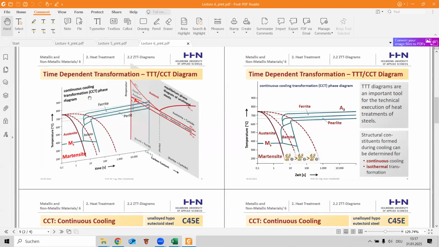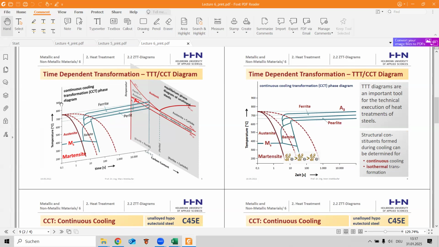So we combined just two planes, one with continuous cooling transformation phase diagram, with temperature and time, and equilibrium phase diagram of unalloyed steel. Here we have temperature and carbon content.